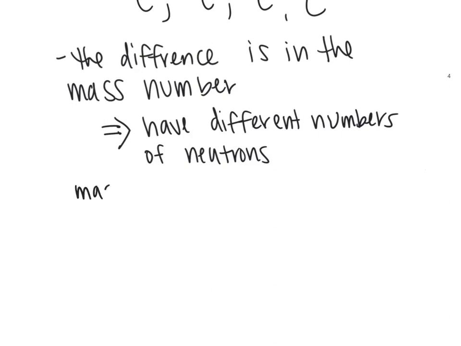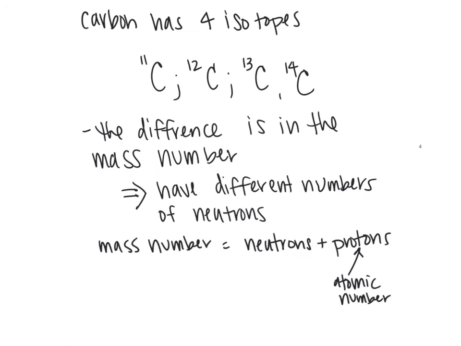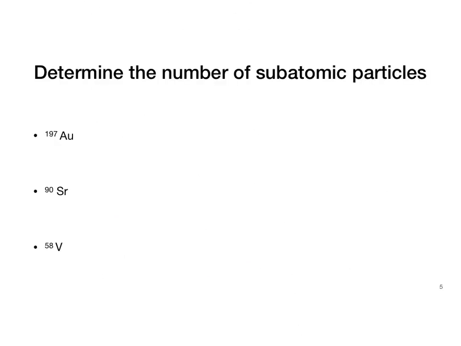If the mass number is equal to the neutrons plus the protons, we can get the protons directly from the atomic number. So these isotopes have different numbers of neutrons, but they all have the same protons because that's what makes them all carbon. We can determine the number of subatomic particles as long as we're provided the mass number.